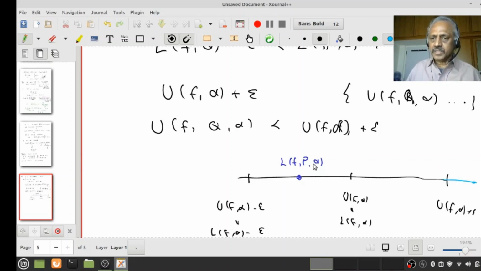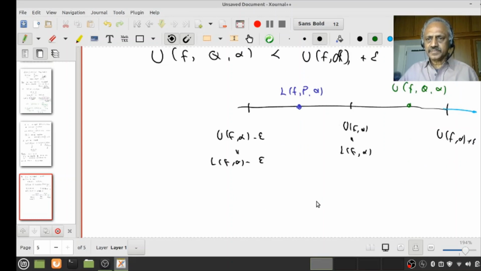That's because LFP alpha will be less than or equal to LF alpha. Therefore, I can only draw here. And similarly, UFQ alpha will be less than this, but it has to be here. Therefore, it has to be somewhere here. You understood? Is the picture okay? If you want, you can write it.